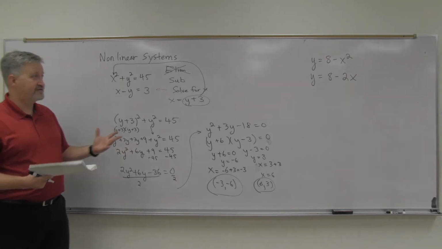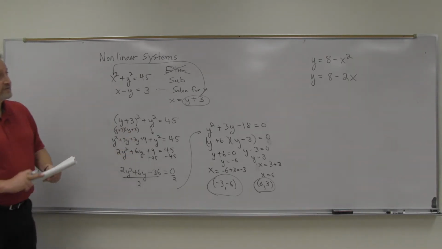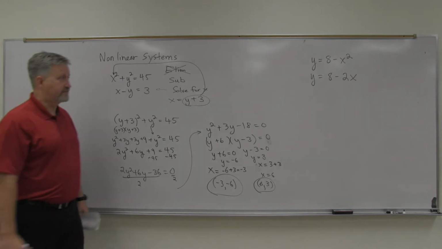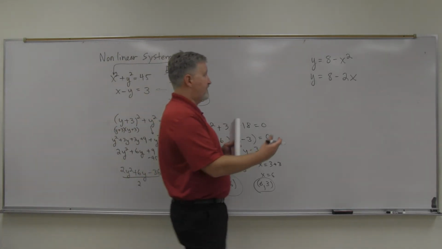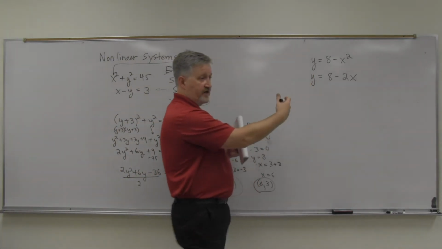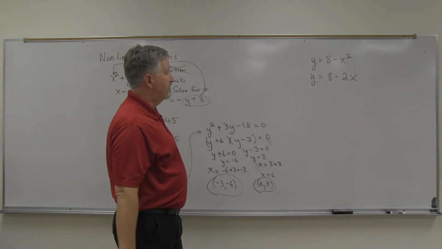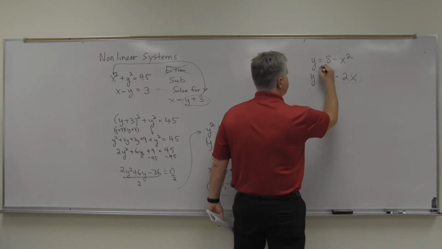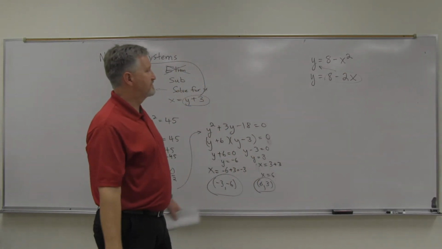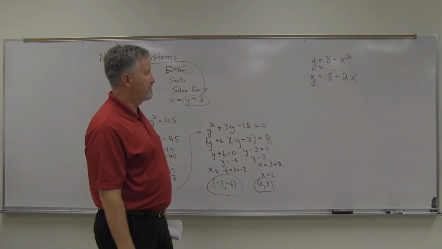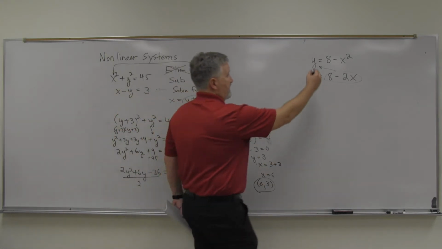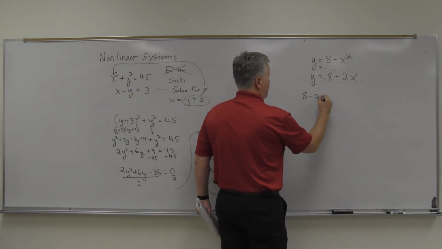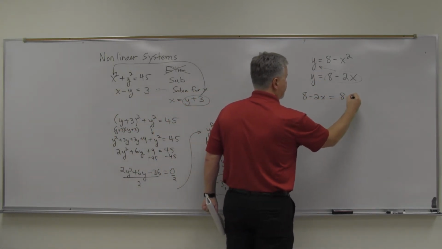If you want to use elimination, I would probably myself go with substitution, but elimination would work just fine because I could get the y's to cancel out if I multiplied by -1 or something like that. But I think let's just do the substitution since we got y is 8 minus 2x in the bottom one. I can plug in that 8 minus 2x for the y in the top one, right?